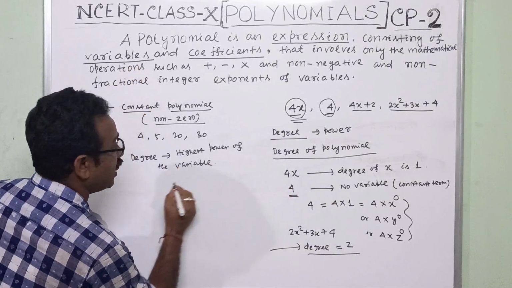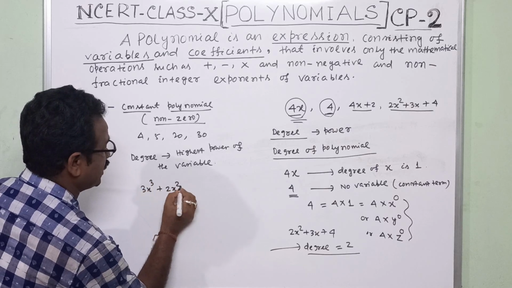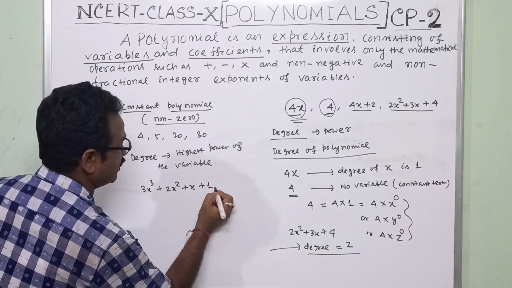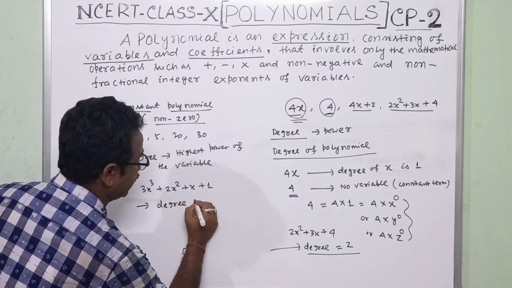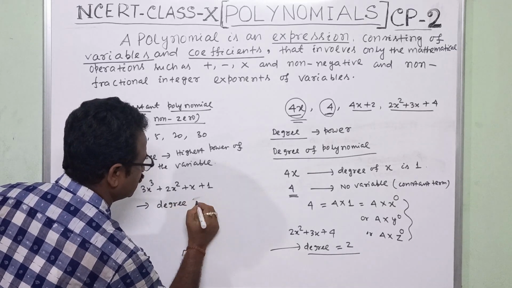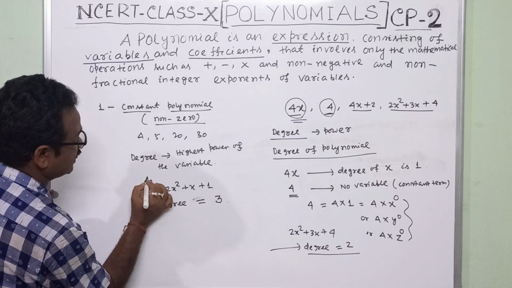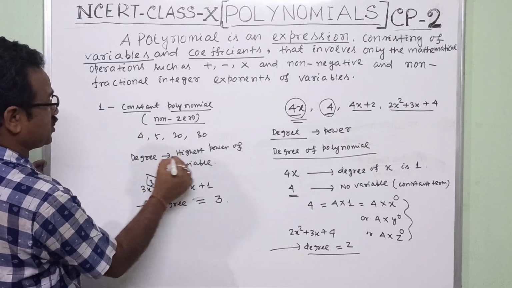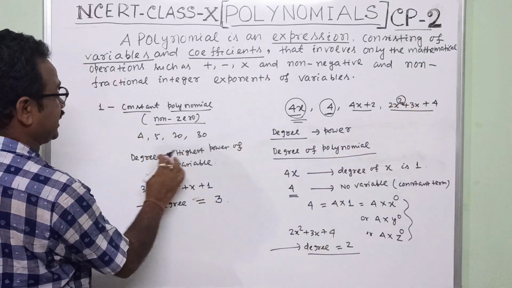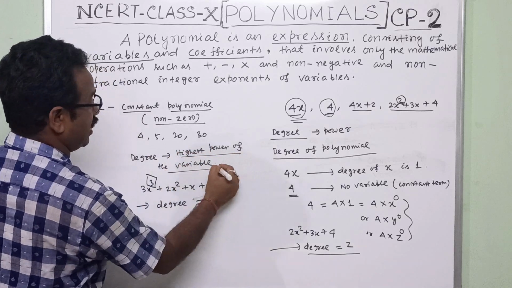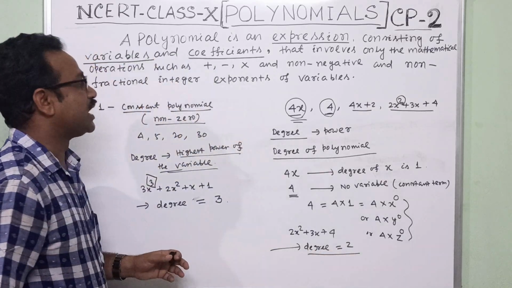Now given 3x cube plus 2x square plus x plus 1, what will be its degree? The degree is 3, because the highest power of x is 3. In the earlier one, the highest power of x was 2, so the degree was 2.